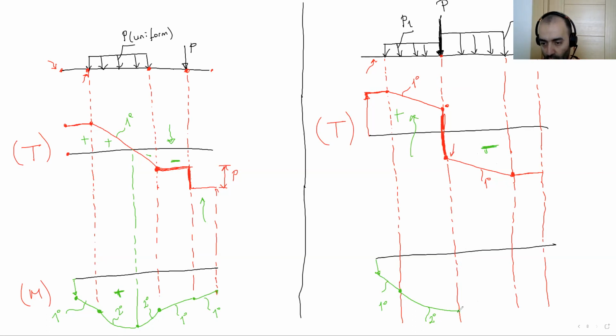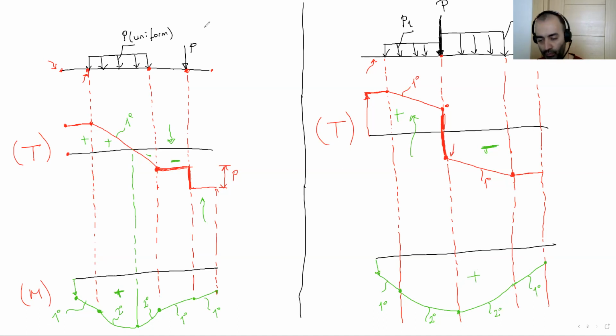The curve heads up now after this point. Goes here. This is again second degree. And after this point, the shear force is constant. Then it means it's gonna be linear. So this is first degree, totally positive.